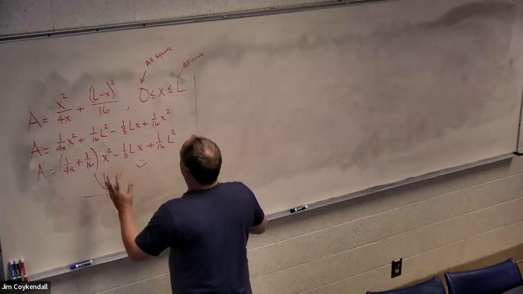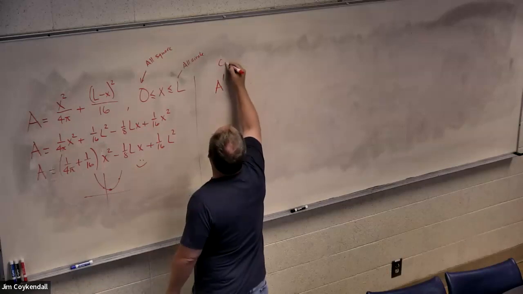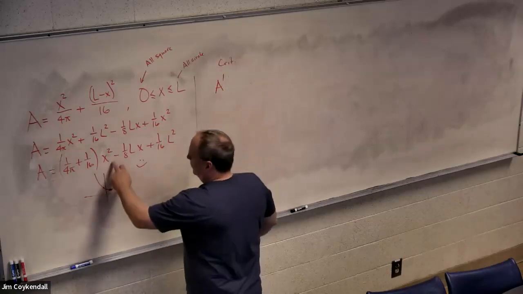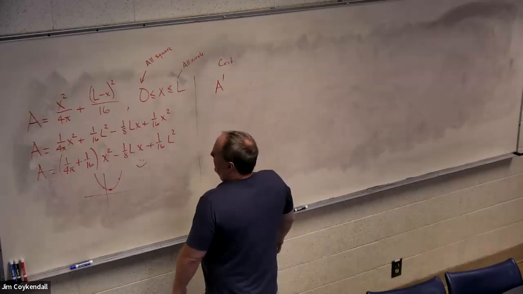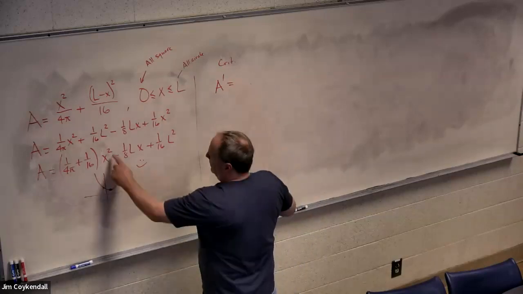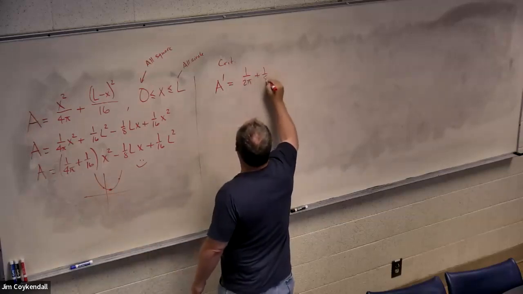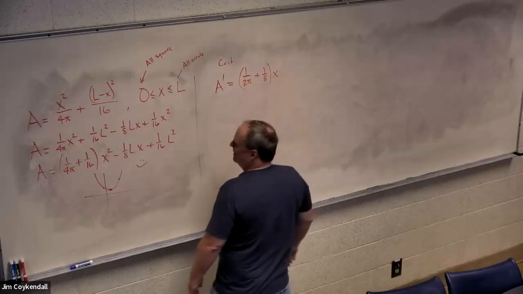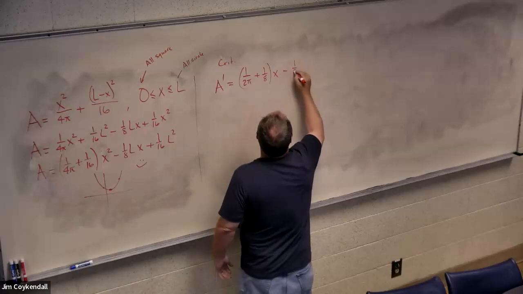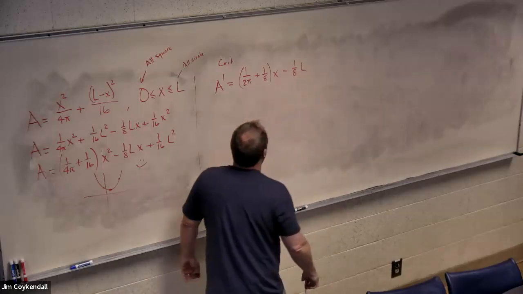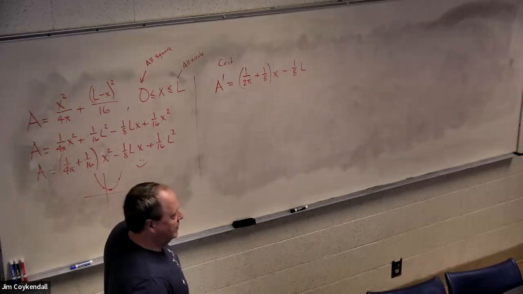What you would want to do is get the critical numbers, which is unfortunate. I'm going to multiply this. A prime is 1 over 2 pi plus 1 over 8 x, multiply 2 through there, minus 1/8 L. That gives me a critical number.